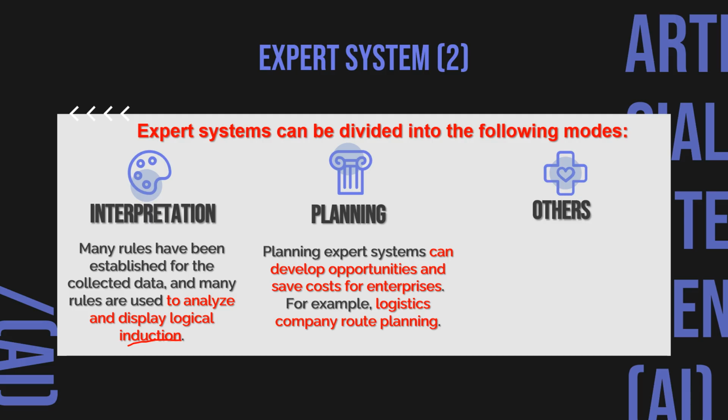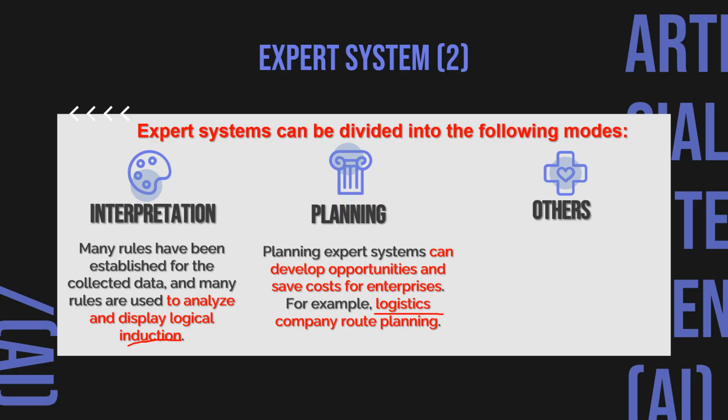And number 5 is planning, okay. Planning expert systems can develop opportunities and set courses for enterprises. For example, the logistics company route planning. For example, the post office will send out a lot of cars, trucks, motorcycles.